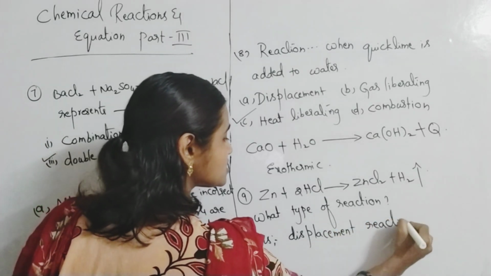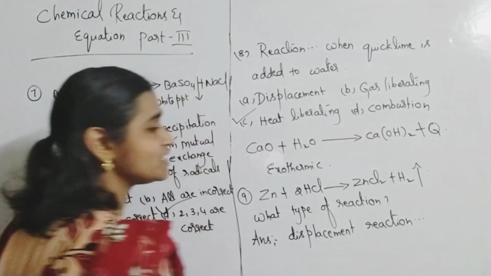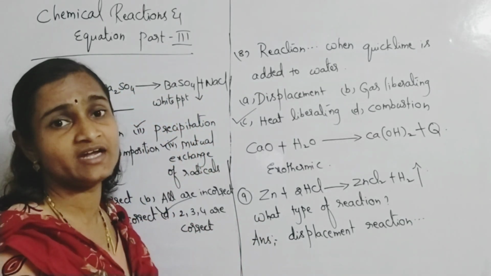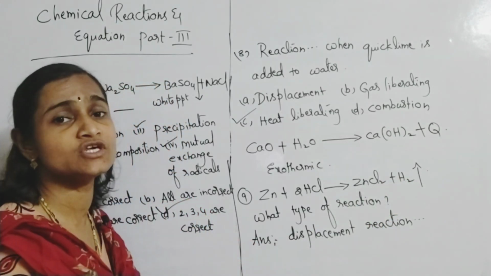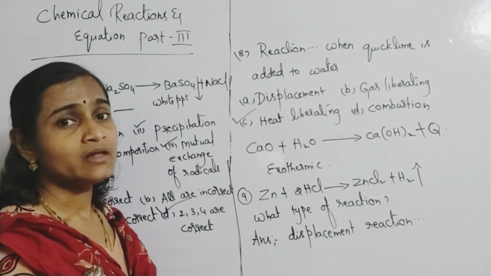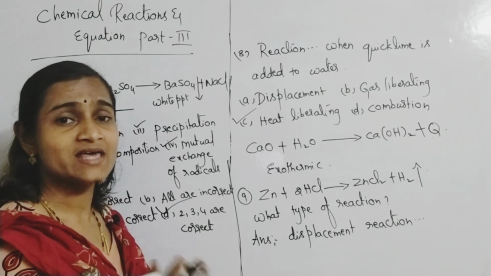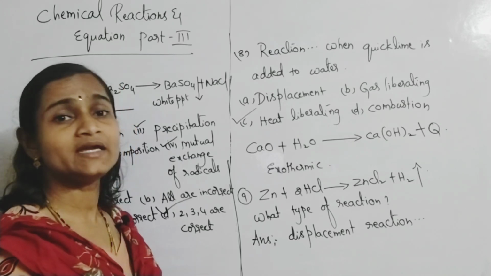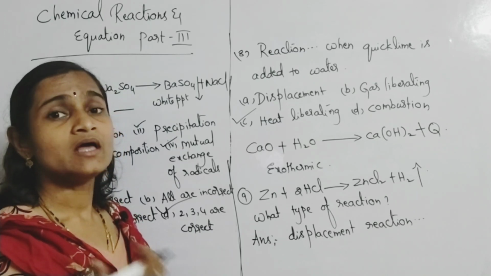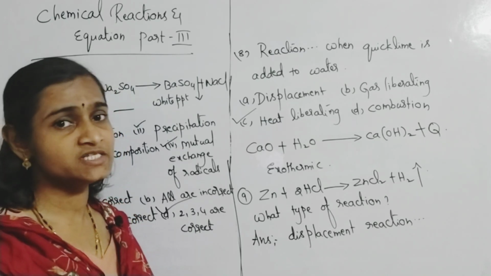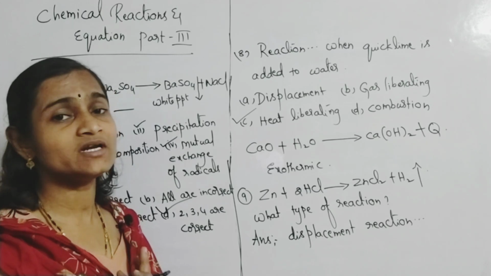Now, in another question, you are given the same equation, but the question is asked in a different way. How can you test that the gas evolved is hydrogen only? The options: the gas liberated is colorless; the gas puts off the burning splinter with a pop sound; the burning splinter burns more brightly; or lime water turns milky.